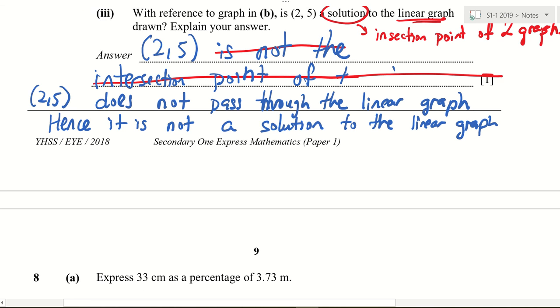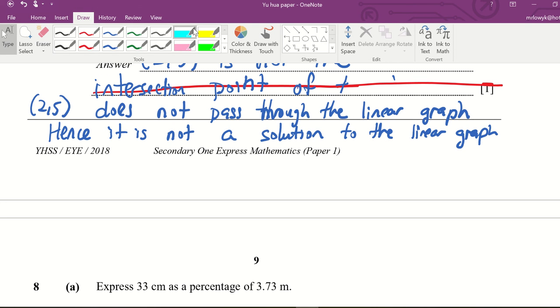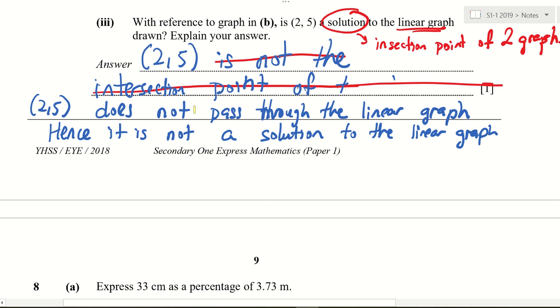The keyword here is does not pass through the linear graph, so it's not a solution. So just now the black line you see, 2, 5 is slightly below.